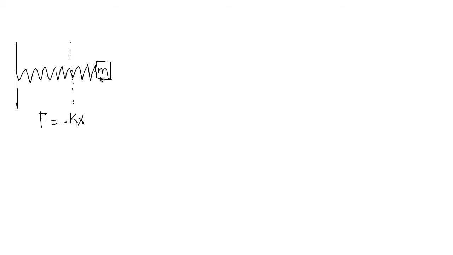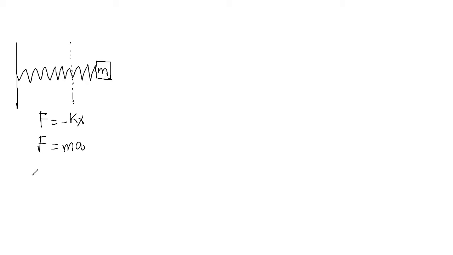So that means that if the mass is here at the positive direction, then the net force or the tension force here is towards the left. If the mass is at the negative direction, then the net force is towards the right. We also know another formula for force, F equal to mass times acceleration, by the second law of motion.